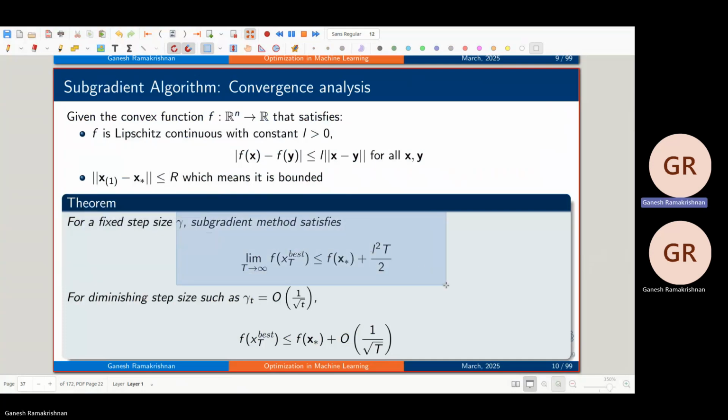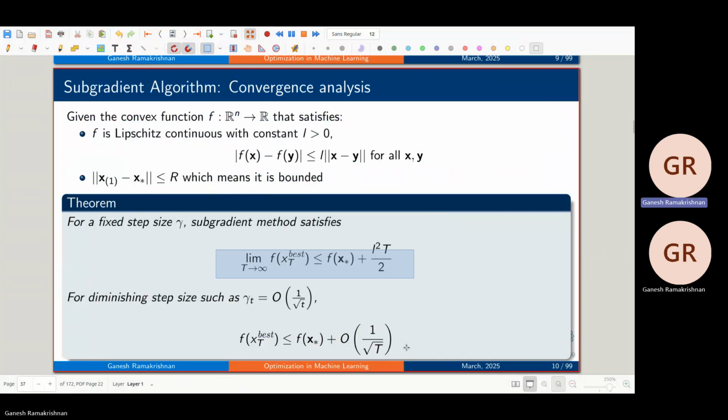Fixed step size is totally hopeless. It's basically saying f of x best is less than or equal to f of x star plus L square times t by 2. You may wonder what is the point even in stating this. L is the Lipschitz continuity constant and t is the number of steps. You can have a hearty laugh just looking at this.